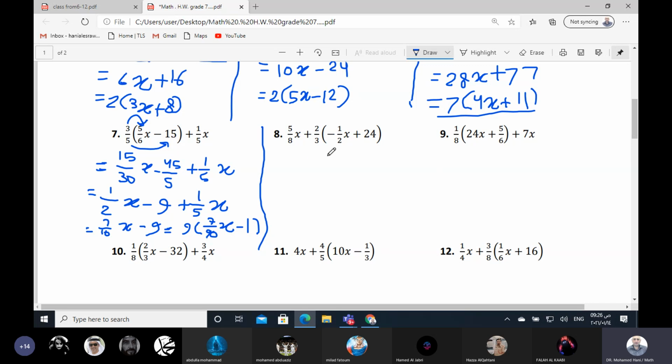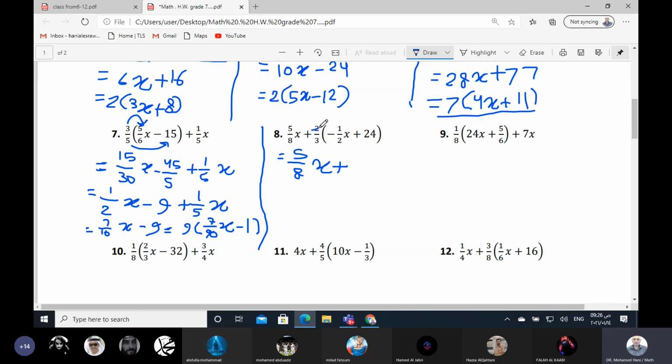Okay, who has the answer here? Okay, listen to me, please. Here we have 5 over 8 x plus distribute here. 2 times 1 will be 2 and 3 times 2 will be 6.